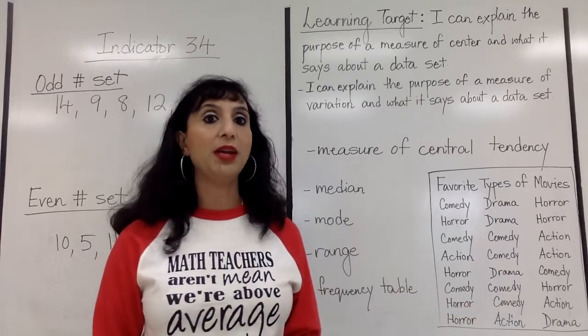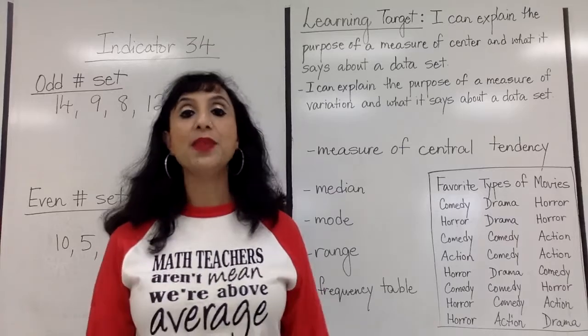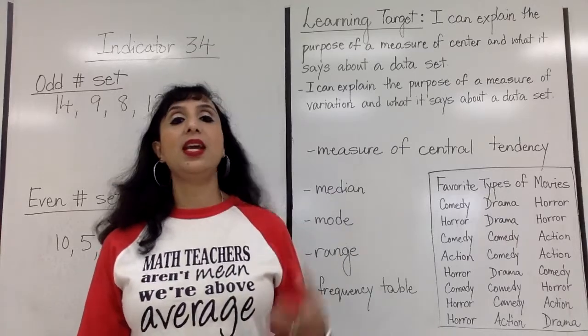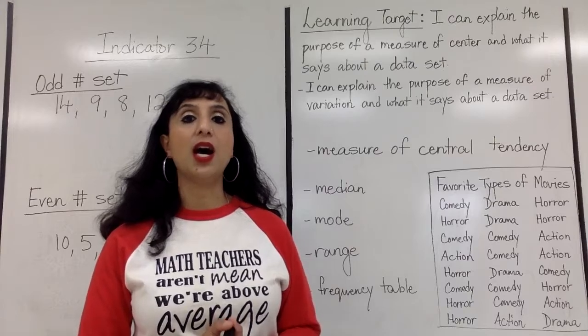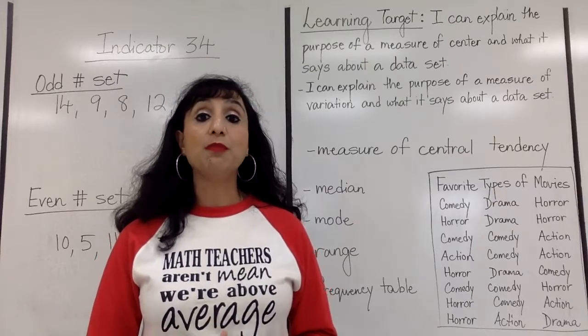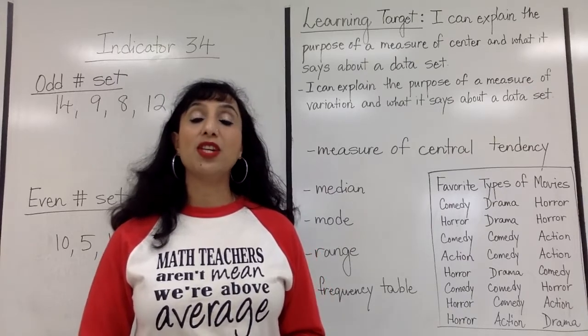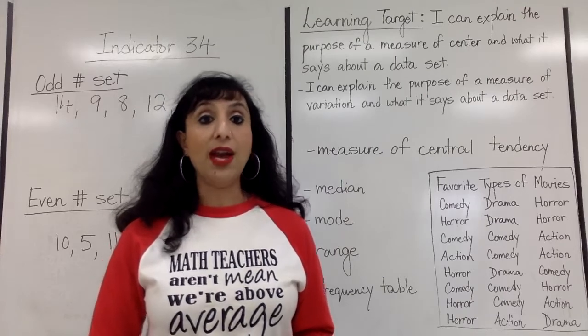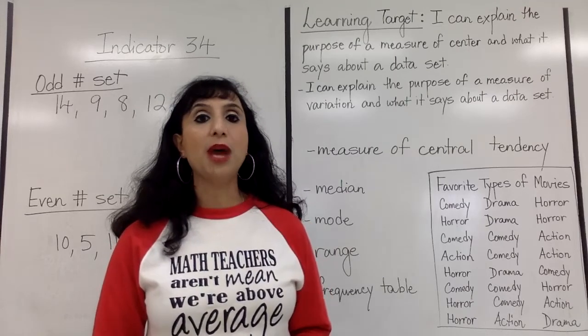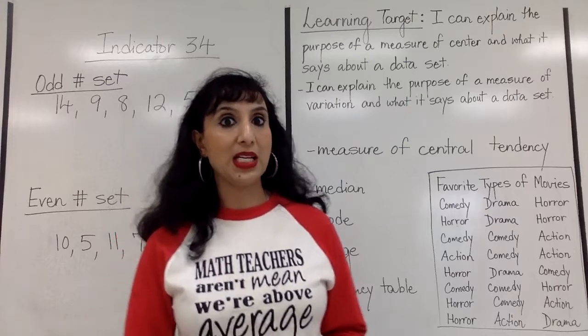So that's how you find mean or average. The other two methods are median and mode. These are also measures of central tendency. So let's talk about what is median.